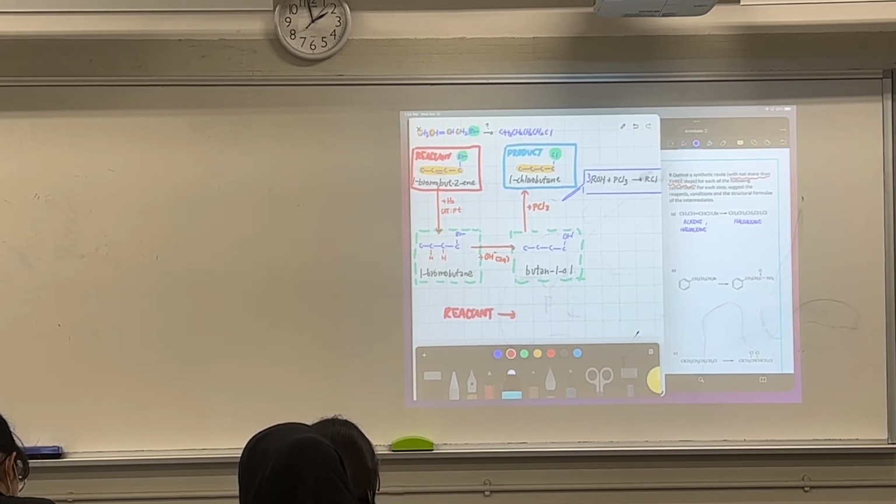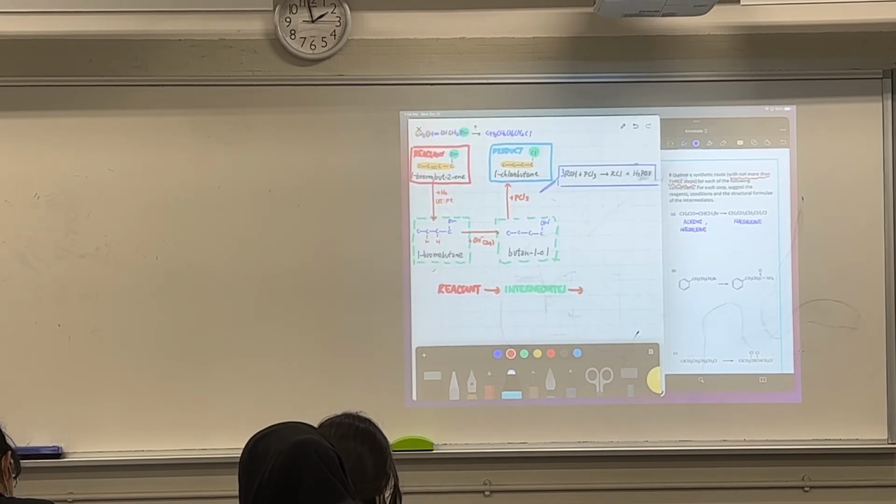And do you know why the DSE wants you to include no more than 3 steps in the exam? What is the difference between having 10 intermediates between the reactant and product and having maybe just 1 or 2 intermediates? How do you think this will affect the yield of your product?